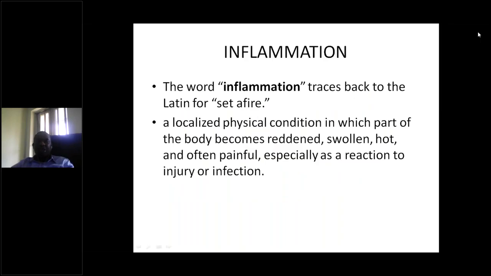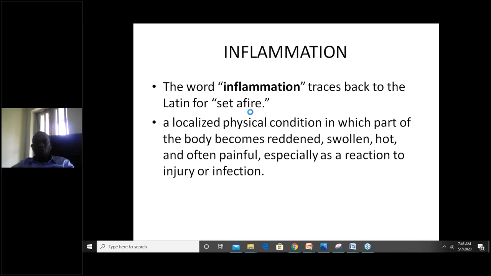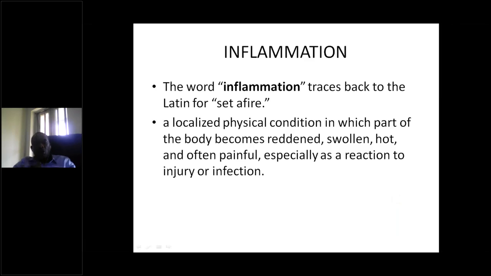So let's look at the word inflammation. Inflammation takes root from the Latin word meaning set afire. So what's an inflammation? An inflammation is a local physical condition in which a part of the body becomes reddened, swollen, hot, painful, especially as a reaction to injury or infection.